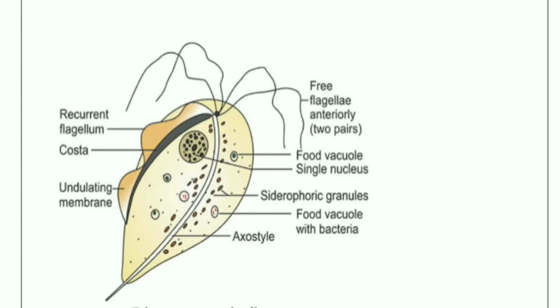Then you can see the axostyle, which runs from the anterior part to the posterior part, and the undulating membrane. There is a supporting flexible rod-like structure, that is the costa, and also the recurrent flagellum. These are the parts of Trichomonas vaginalis. When you look at these parts, you will understand the morphology of Trichomonas vaginalis correctly.